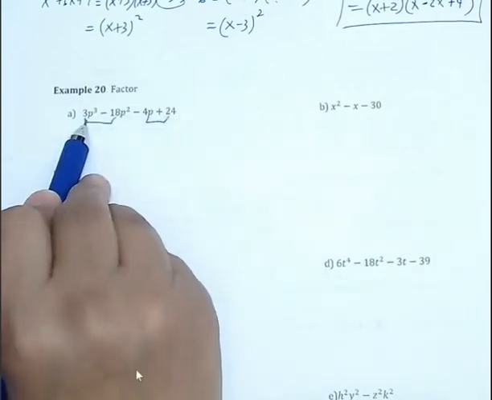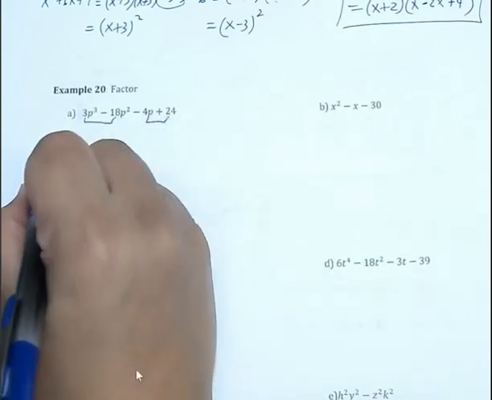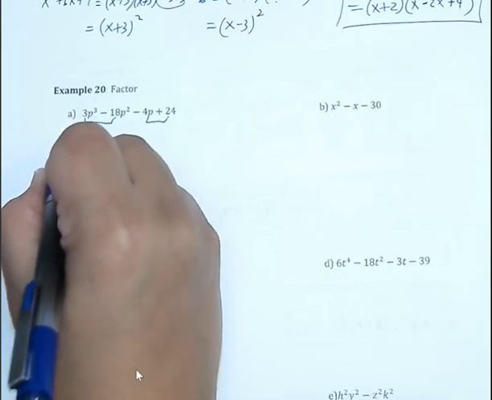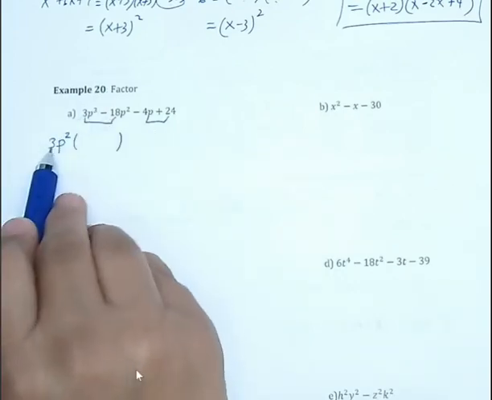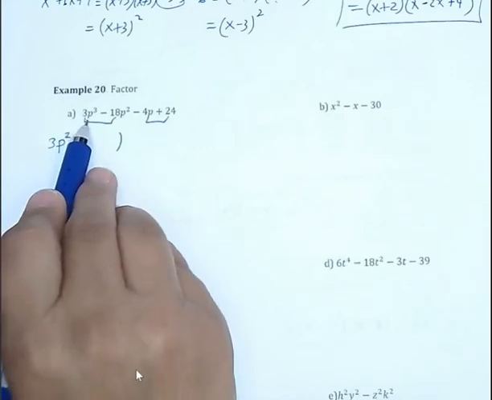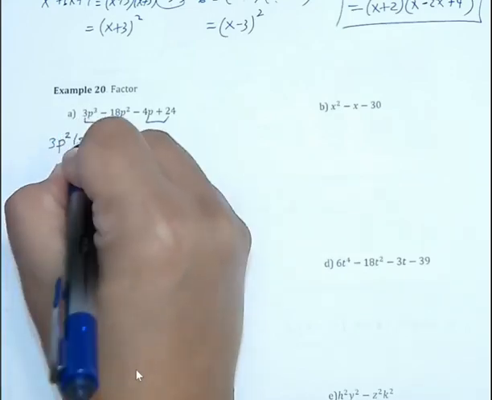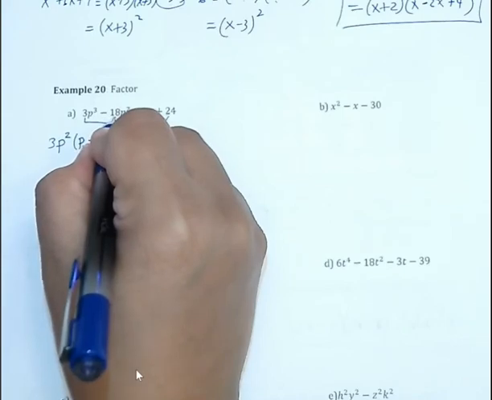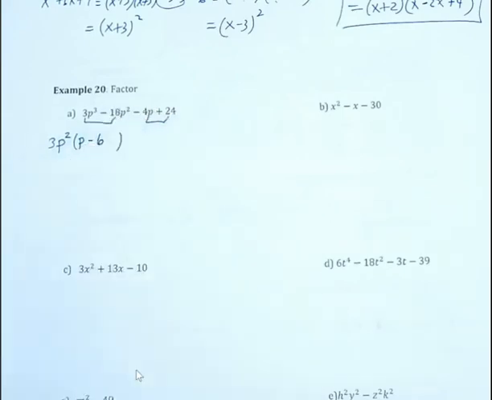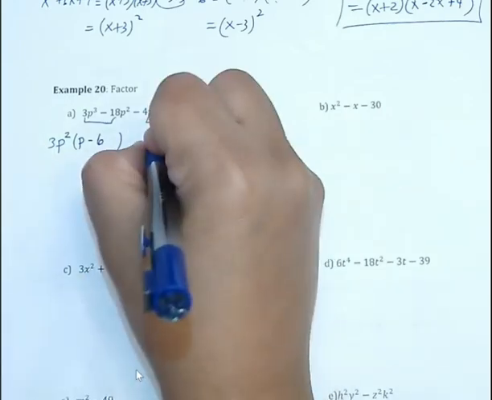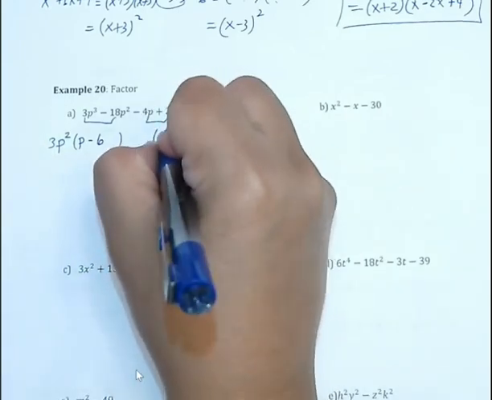For 3p cubed and 18p squared, the greatest common factor would be a p squared and a 3. So if I factor out a 3p squared from 3p cubed, I'm left with a p. And if I factor out a 3 from the 18, I'm left with a 6. And on this side, I'm hoping to get the same thing.